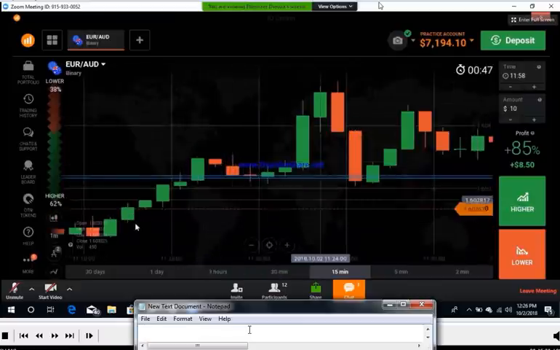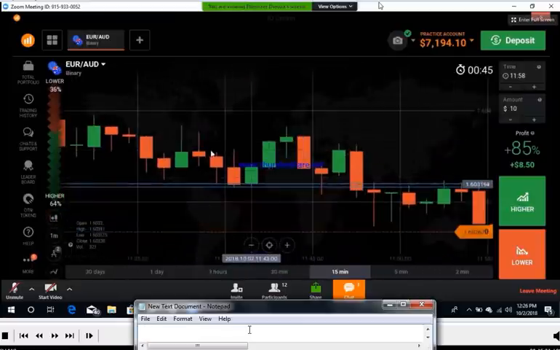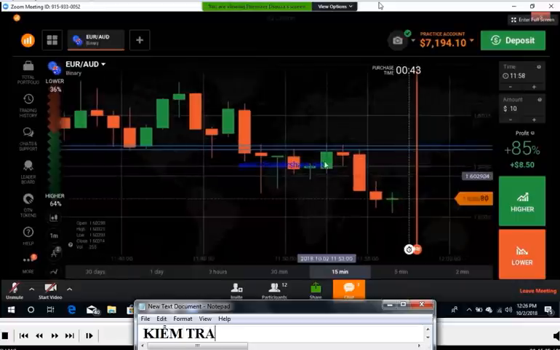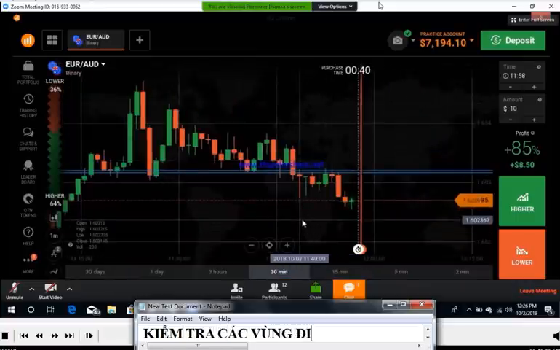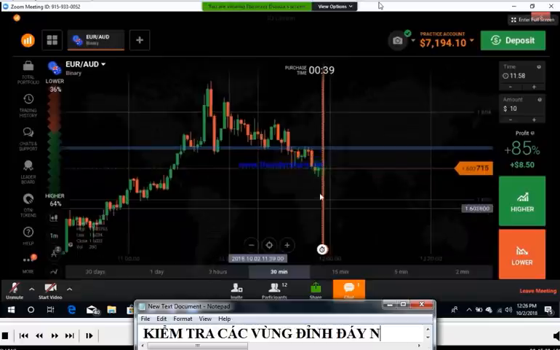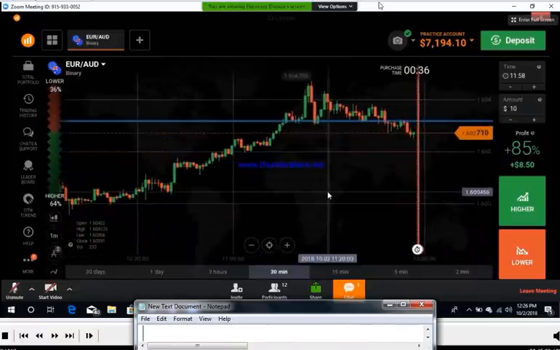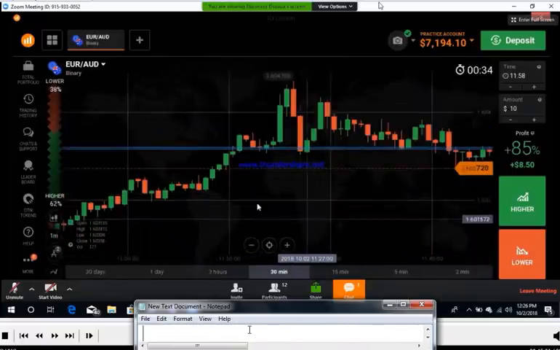This breakout, it reversed. This level is working, right? This level is working almost every time. It is reversing from the same level.